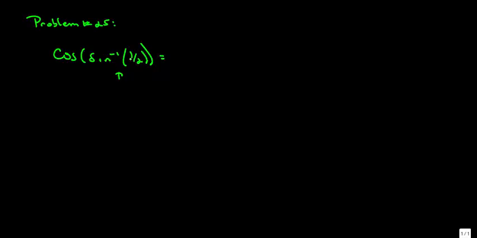So we need an angle between negative pi over 2 and pi over 2 that has a sine value of 1/2. Well, that's going to be at pi over 6. So pi over 6 is the only angle whose sine value is 1/2. It's between negative pi over 2 and pi over 2.